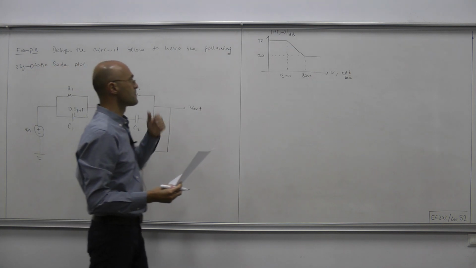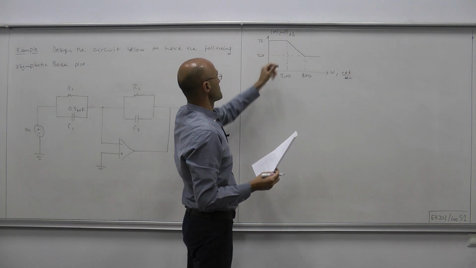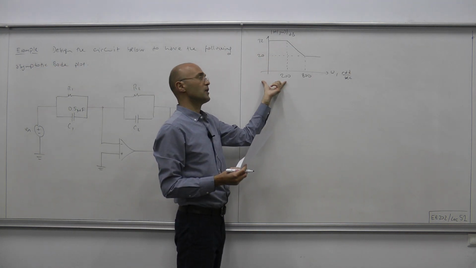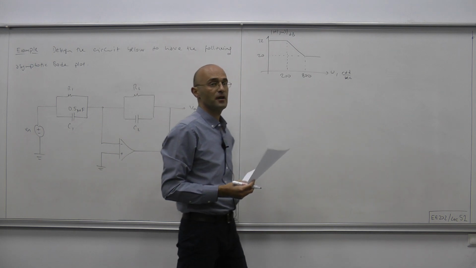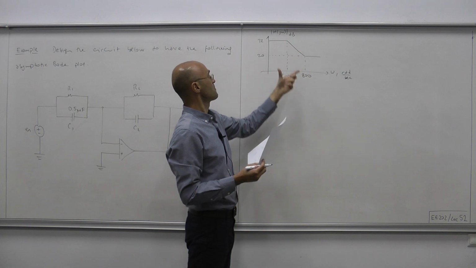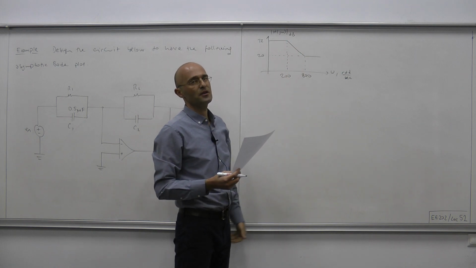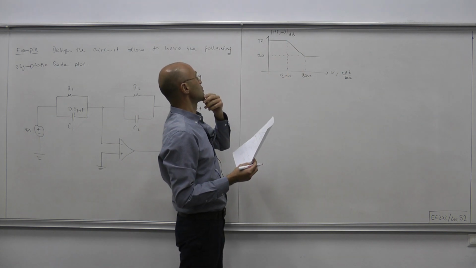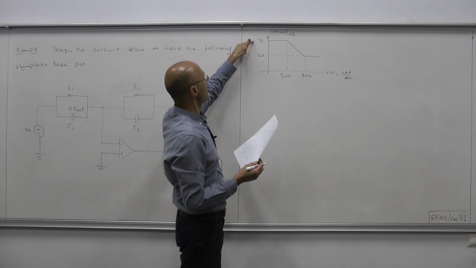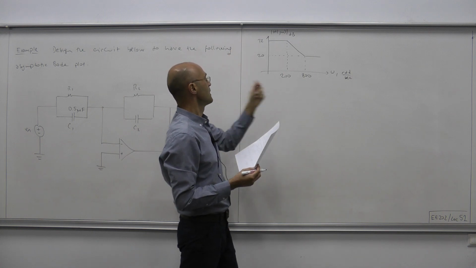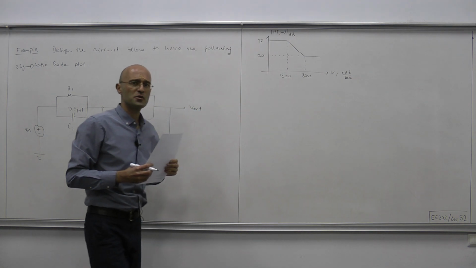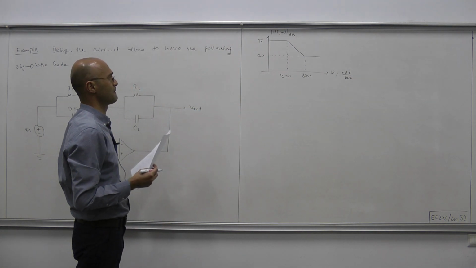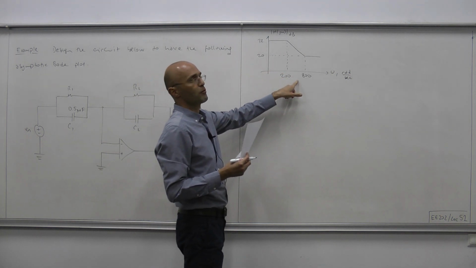What we see therefore is it's constant up to 200 radians per second, and it's also constant after 200 radians per second, and in this range from 200 to 800 it decreases with a slope of, here we have 12 decibels, and from 200 to 800 we go 0.6 decades, so 12 over 0.6.